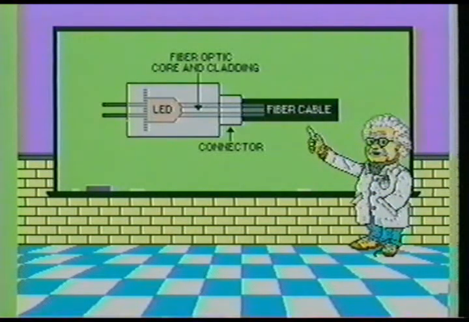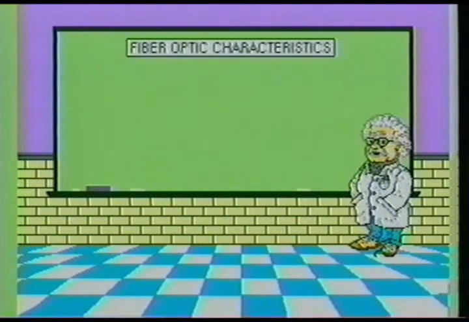Due to the high expense of the semiconductor laser diode, low-cost LEDs and plastic fiber optic cables are generally used for short communication runs of only a few hundred feet.